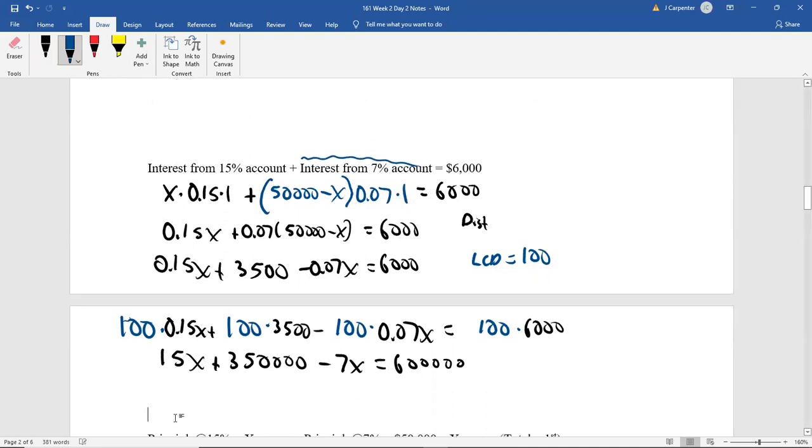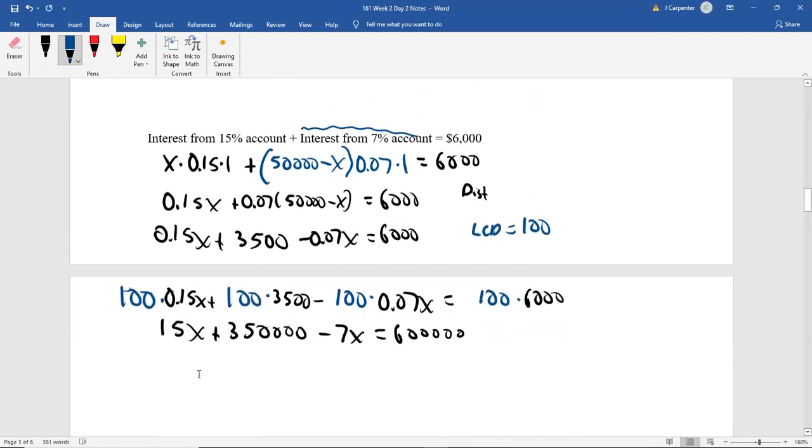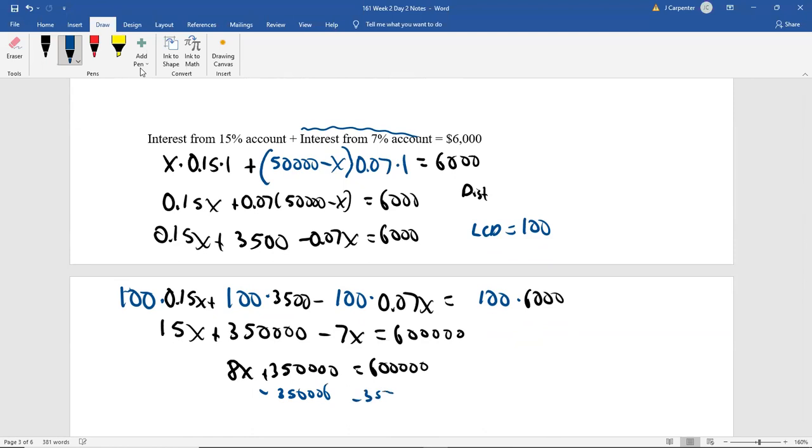Give myself some room here. So 8x plus 350,000 equals 600,000. Subtract the 350,000 on both sides. We'll get 8x is equal to 250,000.